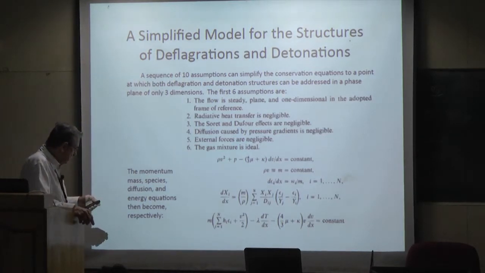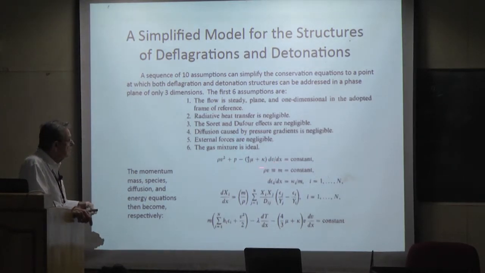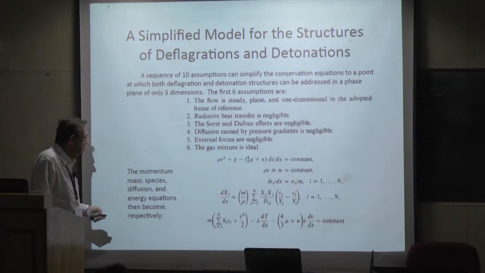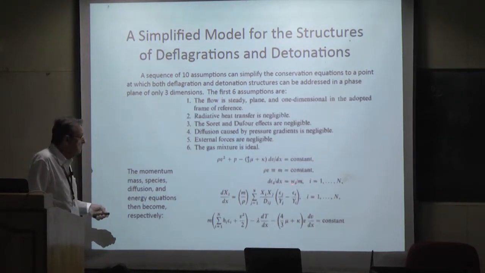So now we're adding the viscous term into the momentum conservation equation, and we're also adding heat conduction and viscous dissipation into the energy conservation equation, and then diffusion, looking in the interior of the wave, is included in the species conservation equation.